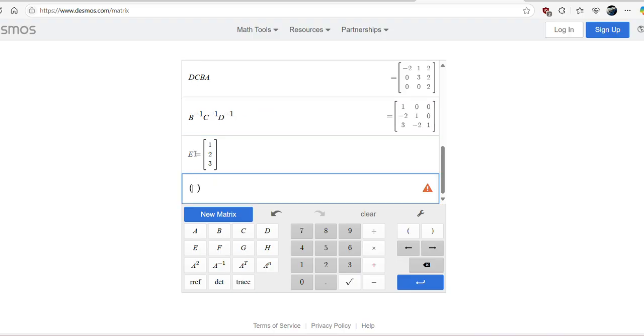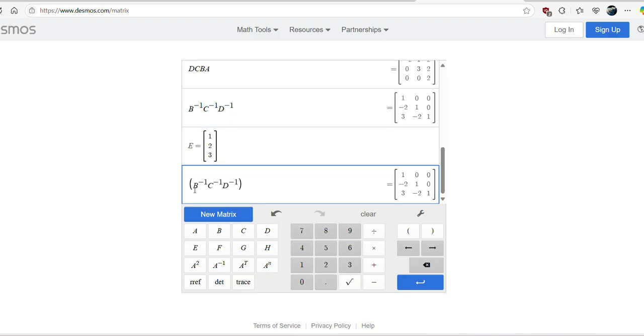So we know that's our L. So let's copy and paste it. Take the inverse of those parentheses. That is the inverse of L, and then times it by E. That's 148.